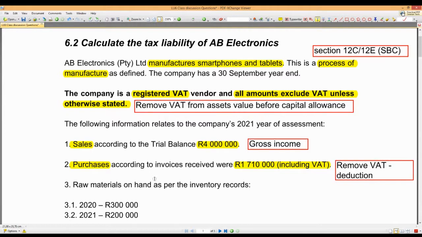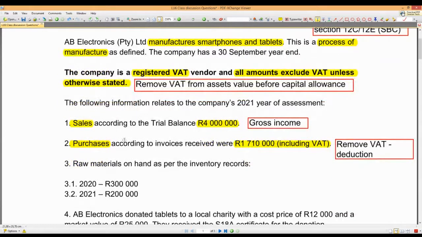Then we've got raw materials. Now remember, raw materials in this case is our inventory. So we look at the opening balance and the closing balance. So for the opening balance, we deduct that from our income.